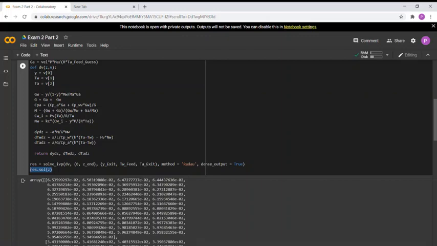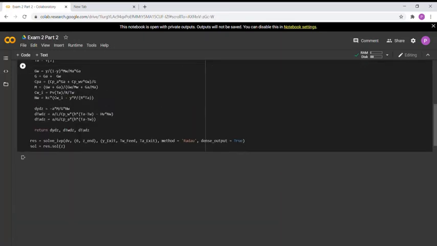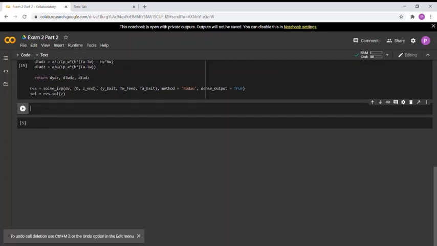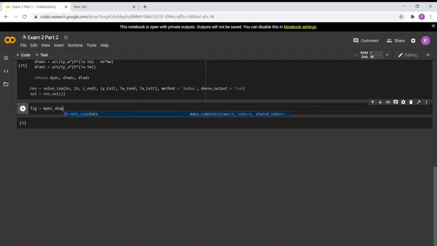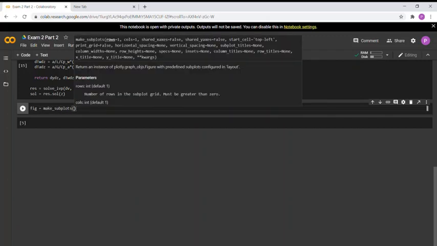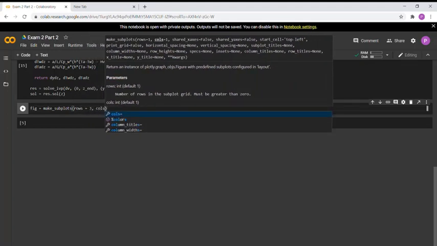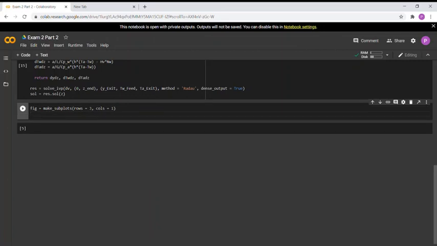And then I will just add this as our solution. So try to plot subplots of rows equals 3, columns equals 1, add scatter.